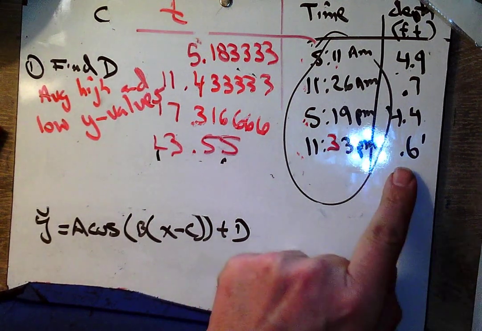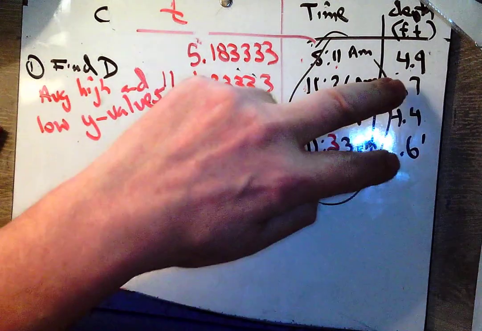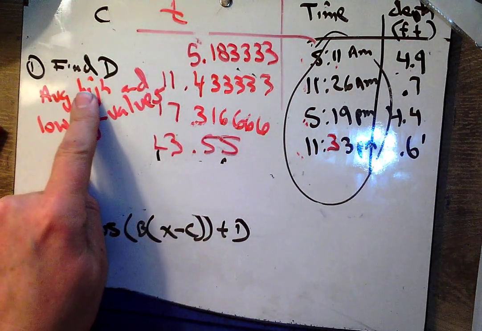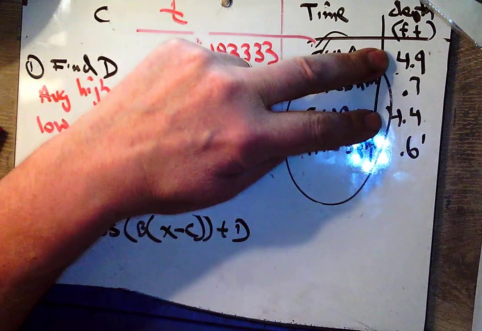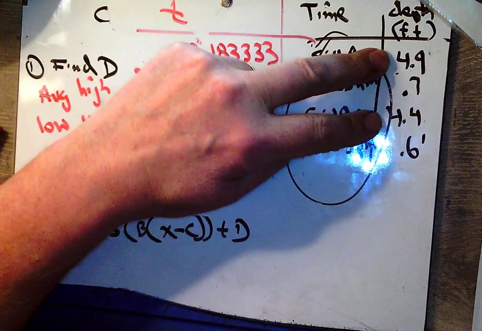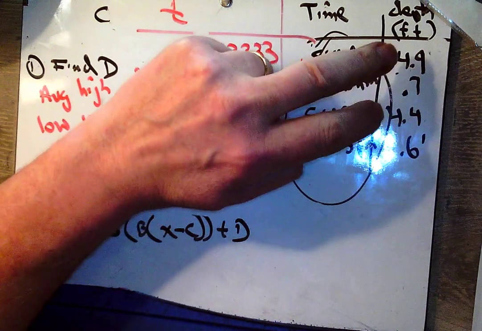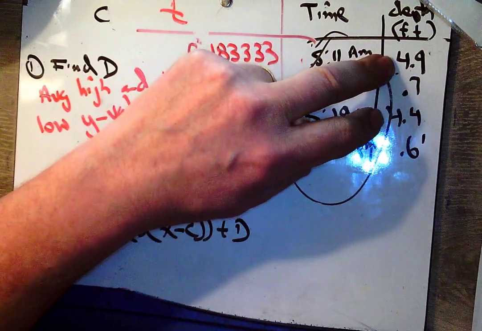So, should I take this one? Should I take an average of those? Yeah, I don't have a good answer for you. Okay. And the high y values? Well, these are my high y values, but they're not the same. And so, do I take the highest of the high y values? Do I take the average of the high y values?